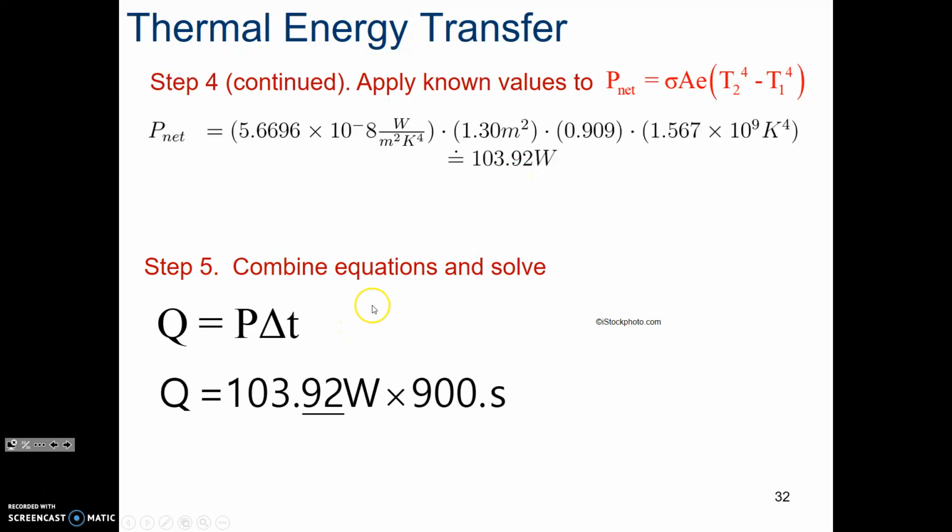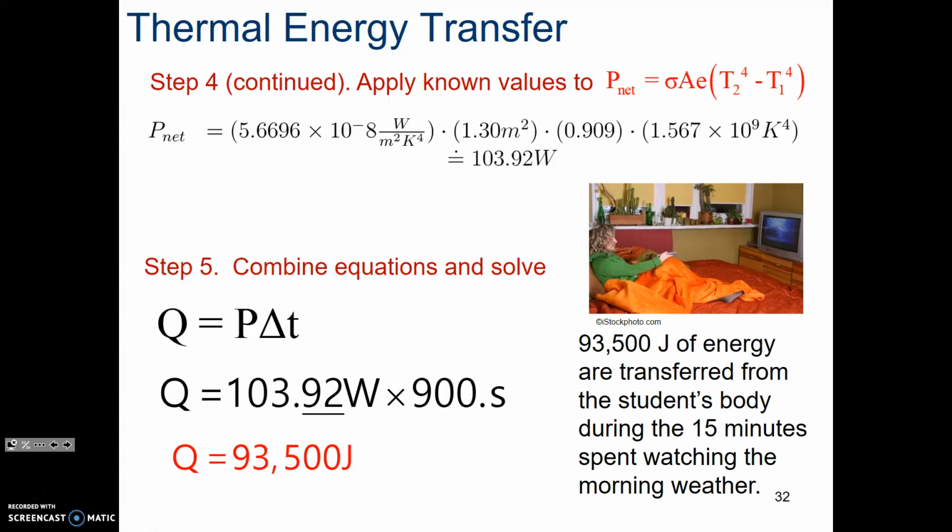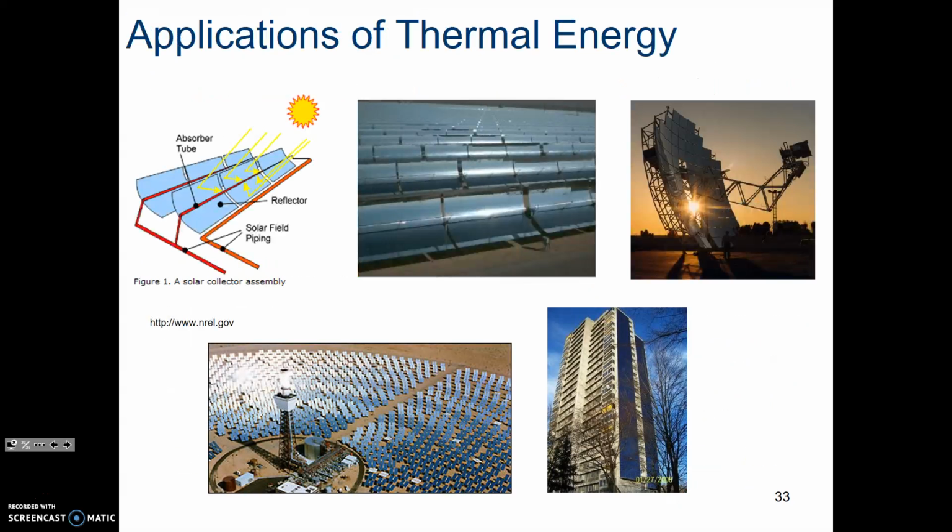Then we take that and multiply it by the 900 seconds, which is the 15 minutes, and we get 93,500 joules, or 93.5 kilojoules worth of energy that person just emitted by watching the weather for 15 minutes.